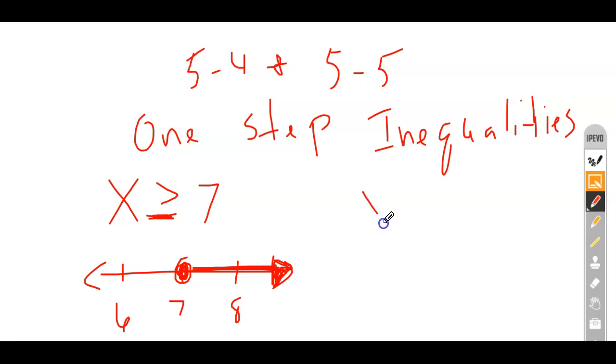What if I have x is less than 5? So how would I graph that? Open or closed circle?